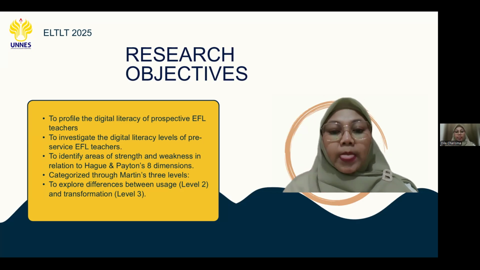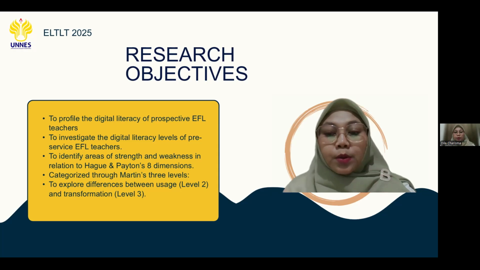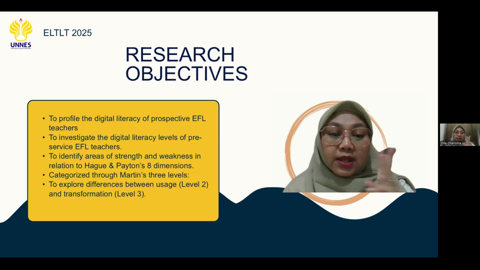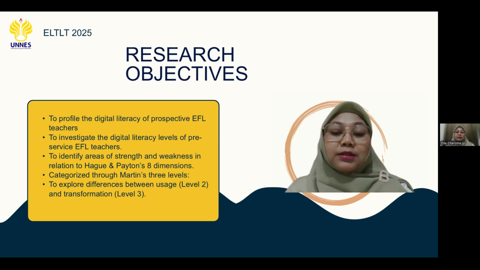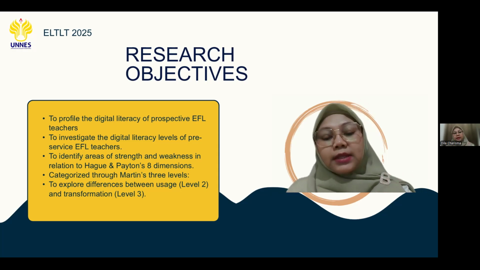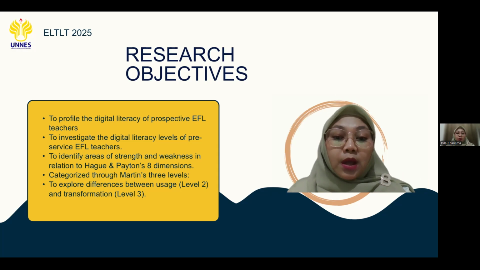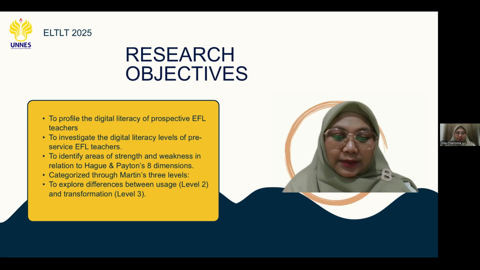And fourth, to explore the distinction between level 2 or purposeful usage and level 3 or digital transformation. Through these objectives, we aim to provide a nuanced understanding of where prospective teachers currently stand and what support they need to advance.